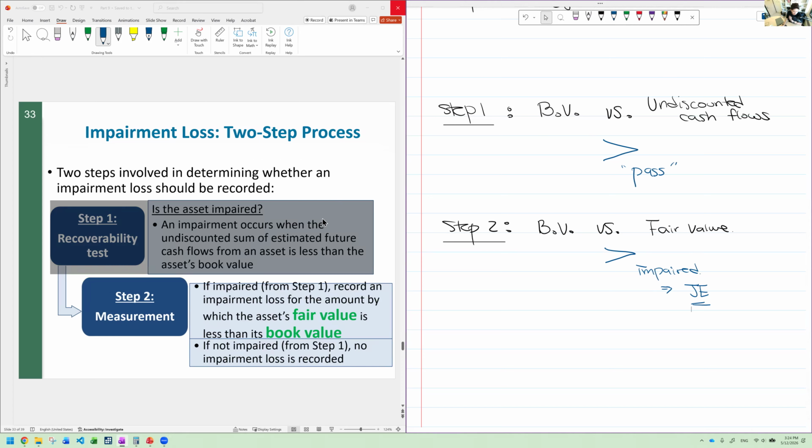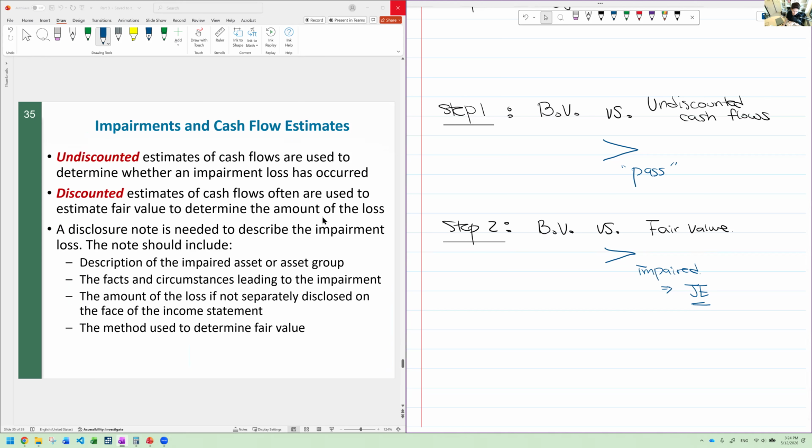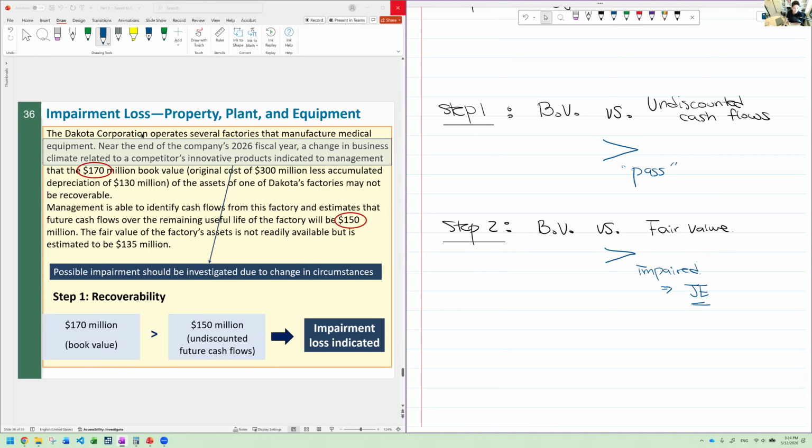Just like last time, it's always better to use numbers to understand this impairment loss test. So let's take a look here. This company operates several factories that manufacture medical equipment. Near the end of the company's 2026 fiscal year, a change in business climate related to a competitor's innovative products indicated to management that the $170 million book value of the assets may not be recoverable.